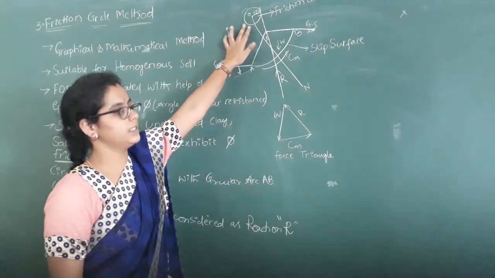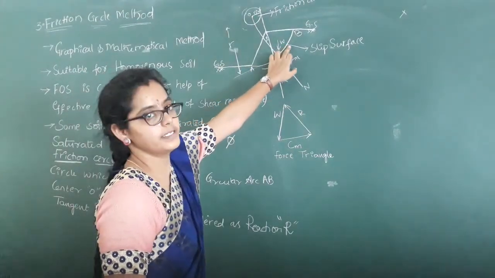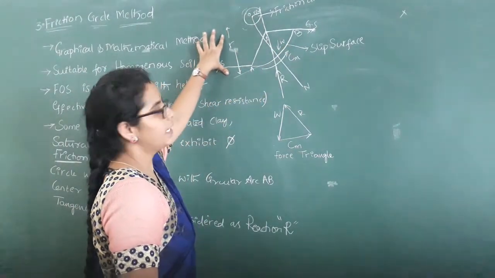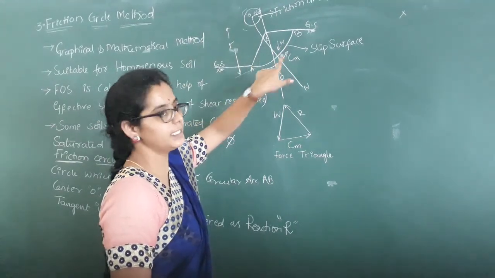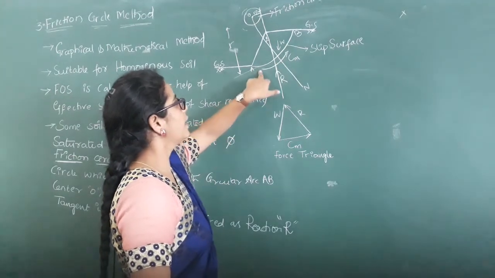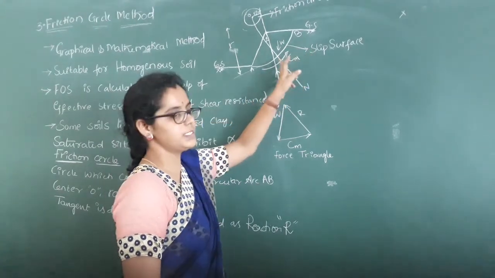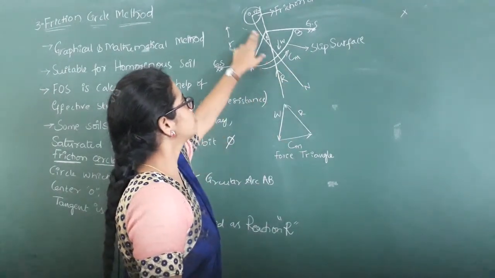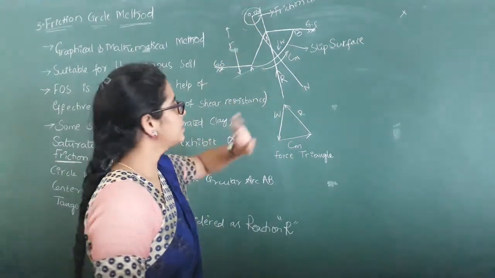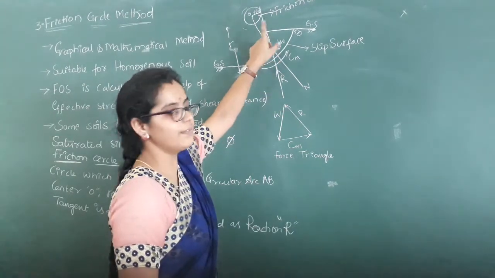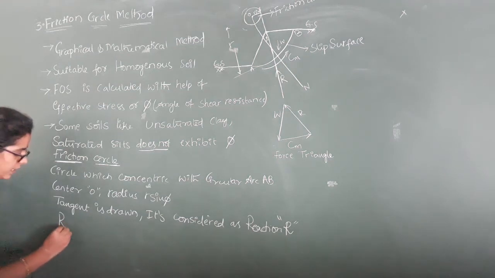The friction circle is this one. If you see in the diagram, the circular arc is AB with radius R, and weight is acting vertically in the downward direction. We represented cohesion in the direction opposite to the slip surface. The normal is drawn from the center of the friction circle, so the reaction R is making an angle phi with the normal.